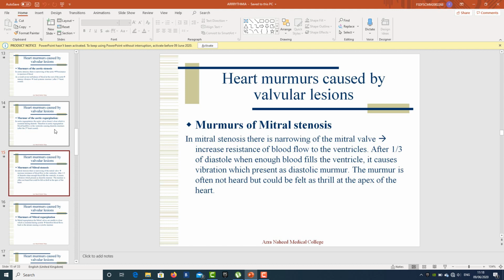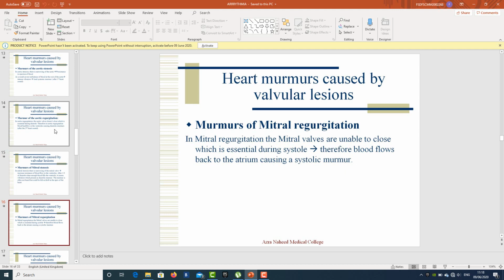The murmur is often not heard but could be felt as a thrill at the apex of the heart. Murmurs of mitral regurgitation. In mitral regurgitation, the mitral valve is unable to close, which is essential during systole. Therefore, the blood flows back to the atrium, causing a systolic murmur.